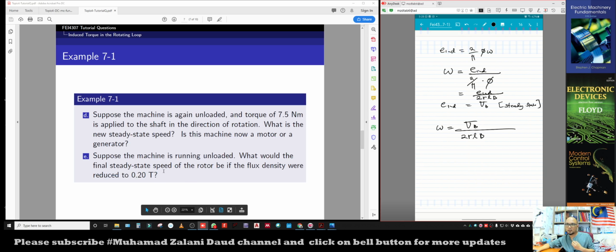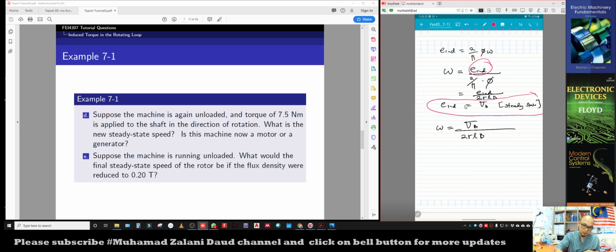What would be the final steady state speed? It means that at the equilibrium or steady state condition, we can just replace this with VB. All right, so let me just use black color again. So we can just substitute the values.